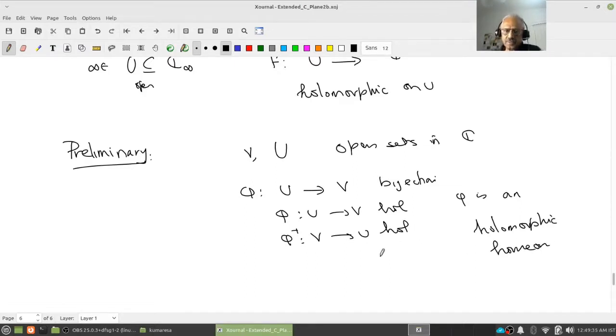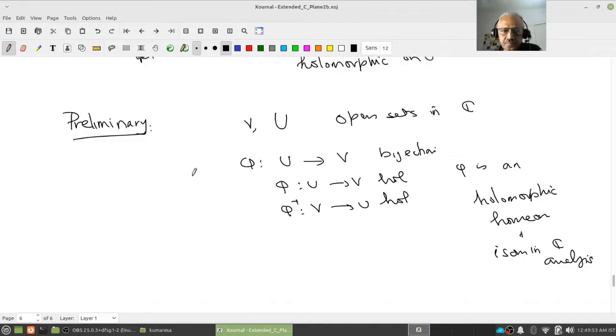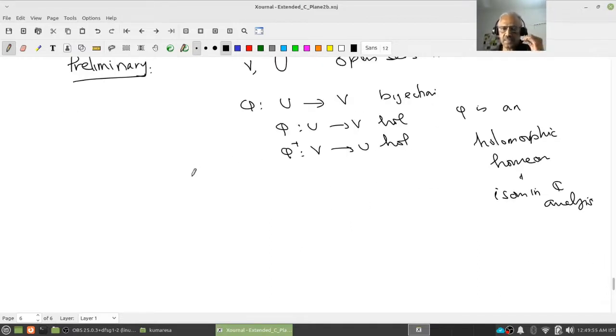Because holomorphic functions are continuous, phi becomes a homeomorphism. And it's also holomorphic both ways, so this is something like an isomorphism in complex analysis. Let us keep the pictures clear.